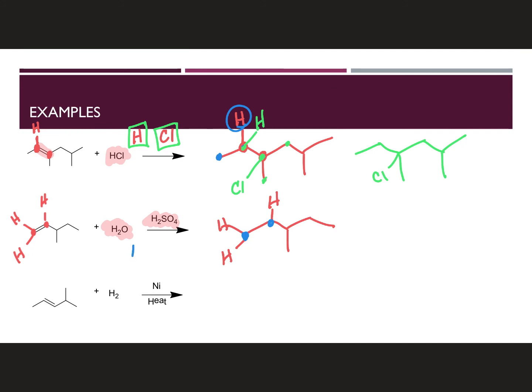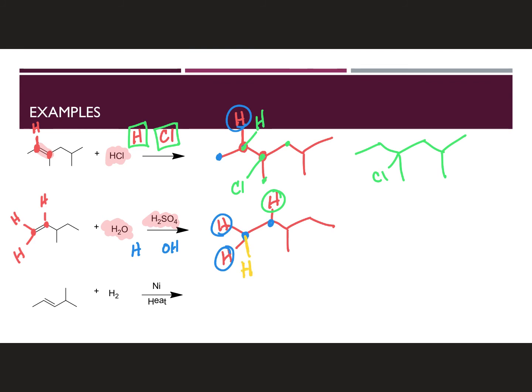For hydration, one half is going to get hydrogen, the other half is going to get OH, and the carbon bonds to the oxygen. So again, thinking about Markovnikov's rule, the left-hand carbon has 2 hydrogens attached, and the right-hand carbon only has 1 hydrogen attached. So the one with 2 hydrogens is going to get the new hydrogen attached to it.